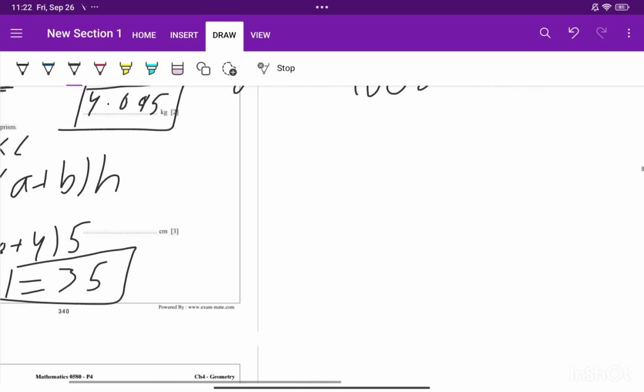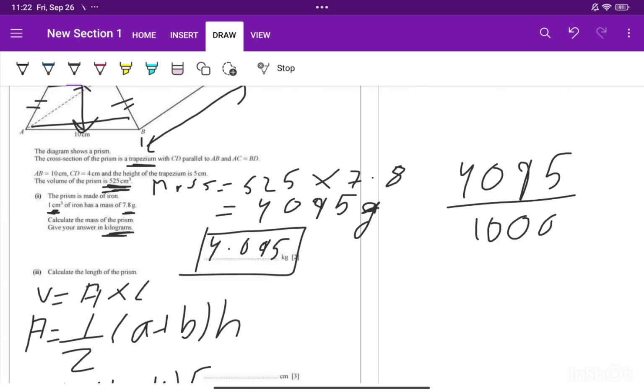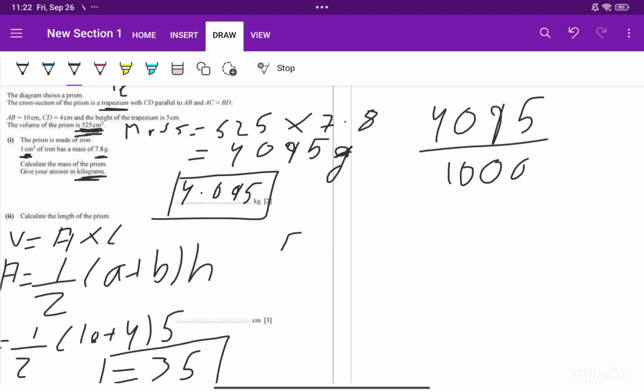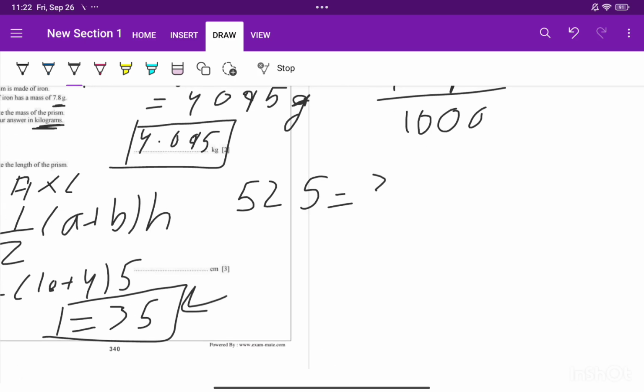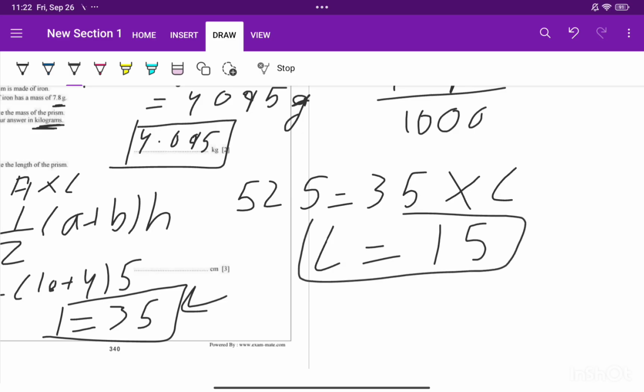Okay, now the volume of the prism is 525. So 525 equals the area, which we found, 35, multiplied by the length, which we don't know. So the length will be equal to 15. This is our answer.